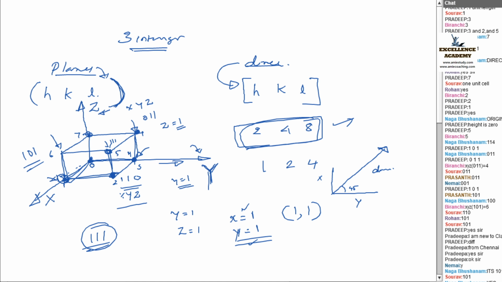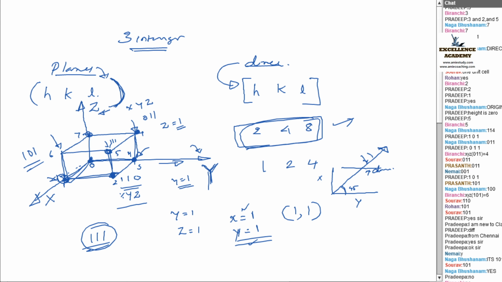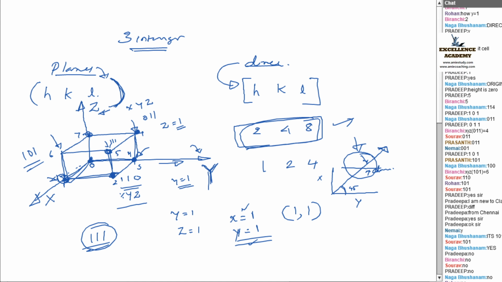This line represents the direction at an angle of 45 degrees. If I draw a line here, will the angle vary? No, the angle will not have any difference, isn't it?